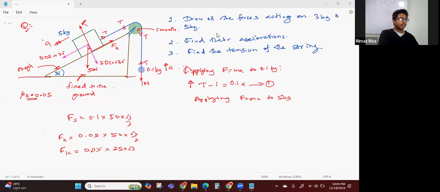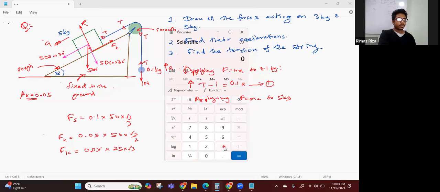Let's find this value. The square root of 3 is 1.732, let's take it as 1.73.